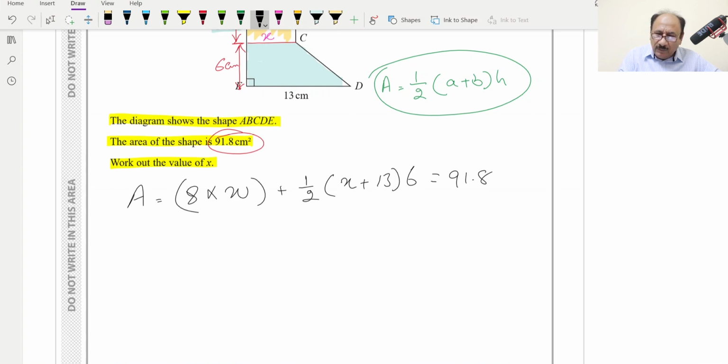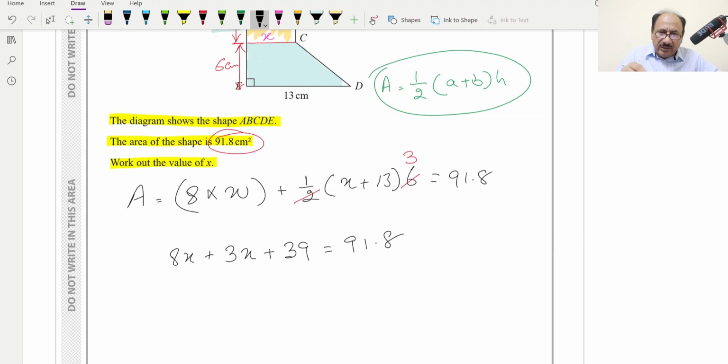We know this is provided as 91.8. So for the next step it will be 8x plus, we can cancel this 2 by this, so this will be 3. So next step will be 3x plus 13 into 3 will be 39, which is equal to 91.8.